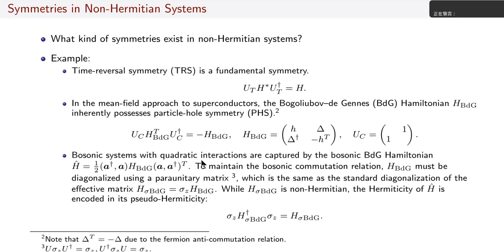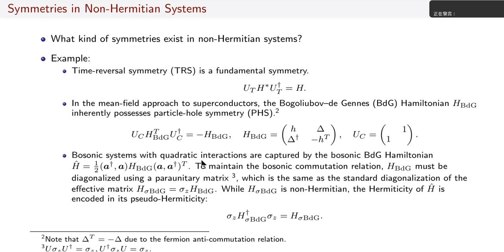The point is that because of the fermion anti-commutation relation, this gap function is skew-symmetric. Then this BdG Hamiltonian obeys this type of symmetry, a transpose symmetry. And of course, if the Hamiltonian is Hermitian, this is equivalent to the complex conjugate, but we can say that this type of symmetry is also particle-hole symmetry.